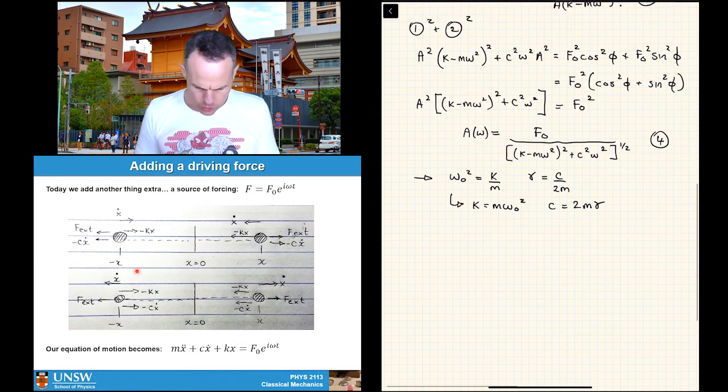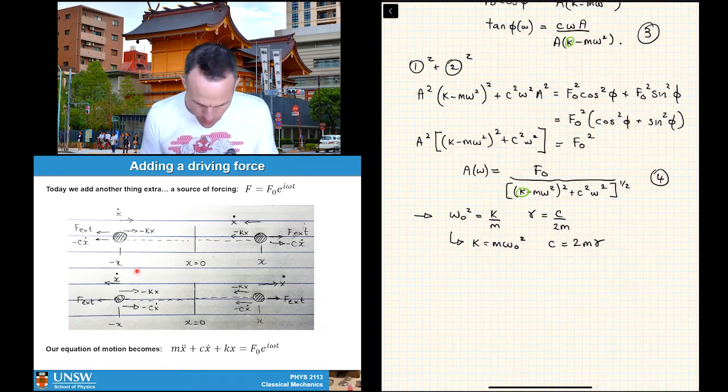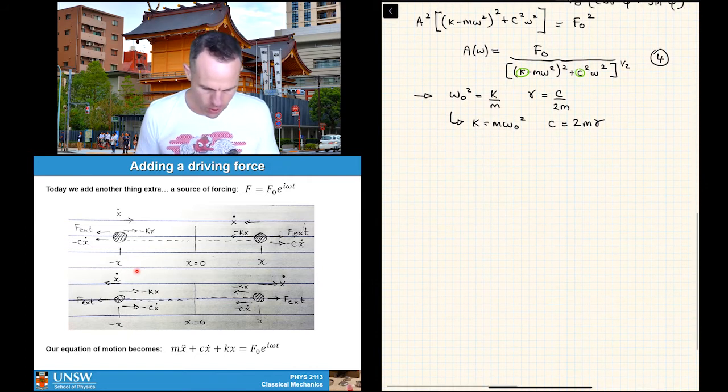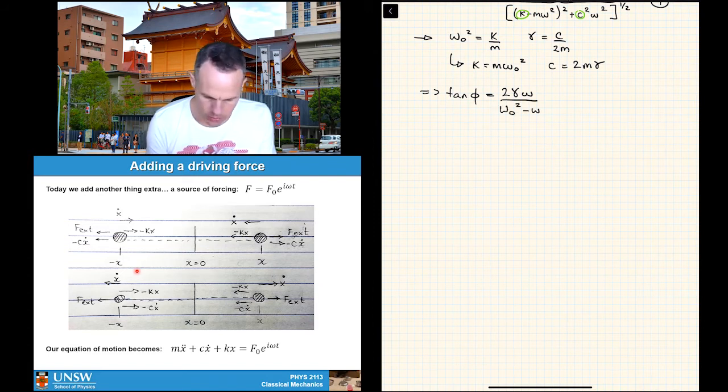Now if you take the k and substitute it in here and here, and then take the c that you've got and substitute it into there and there in those two equations, you can rewrite those two equations a little bit like this. What you get is tan phi is equal to 2 gamma omega on omega naught squared minus omega squared.